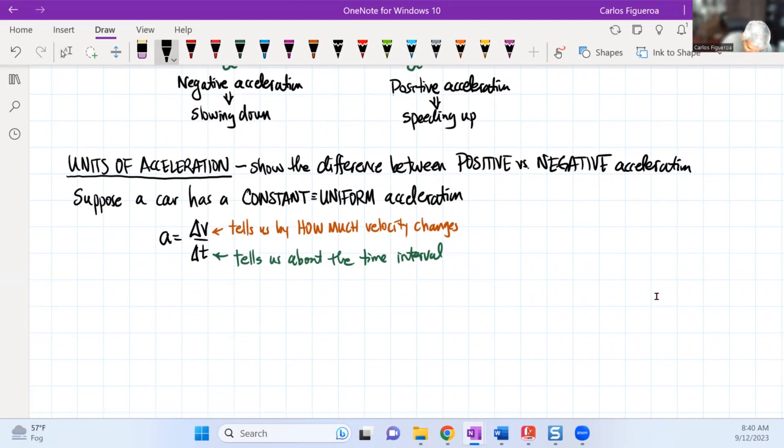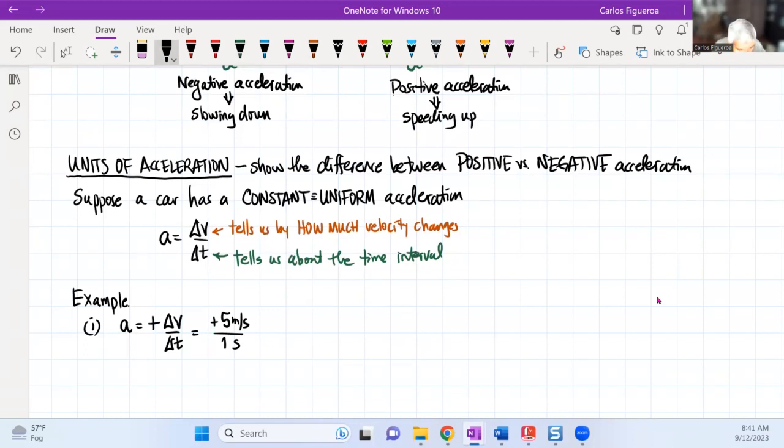So here we go. Let's look at two examples to show you what I mean. The first one that I'm going to do is focus on this guy, and I'm going to say that I have a positive acceleration. And the way we look at this, remember, it's the change in velocity over the time interval, and I'm going to say that this changes by 5 meters per second every 1 second.